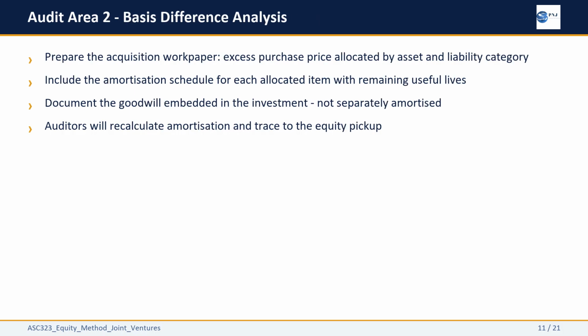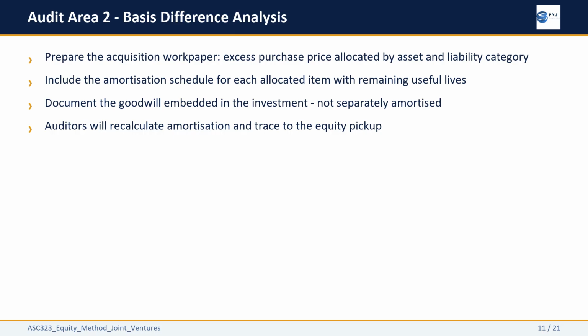The second audit area is the basis difference analysis. Auditors will want to see the original acquisition work paper that allocated the excess purchase price across identifiable assets, liabilities, and embedded goodwill. They will then want to see the amortization schedule for each allocated item, showing the original amount, the useful life, the annual amortization, and the remaining balance.